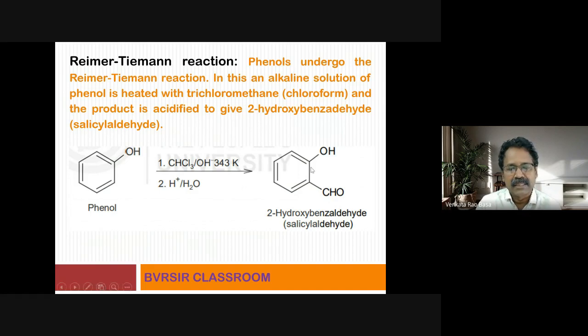So this is the complete set of reaction, and this molecule is salicylaldehyde, C6H4OHCHO. This is the basic Reimer-Tiemann reaction.